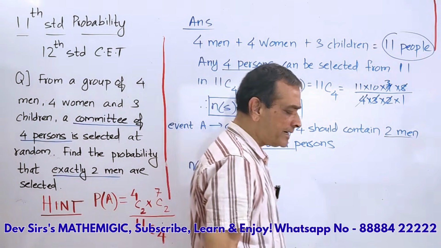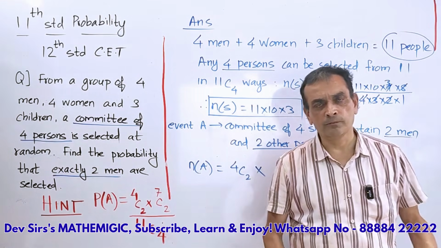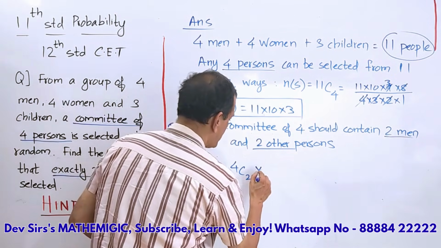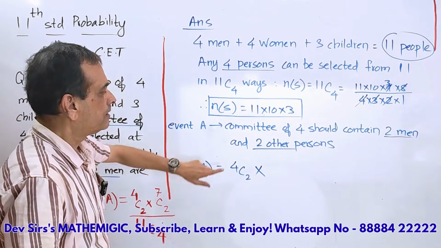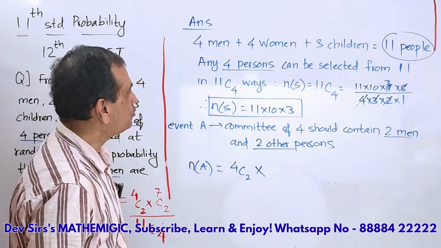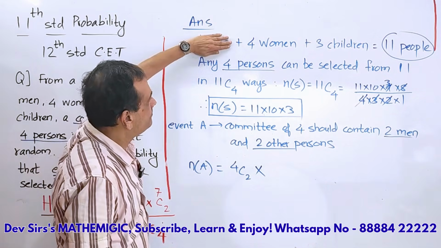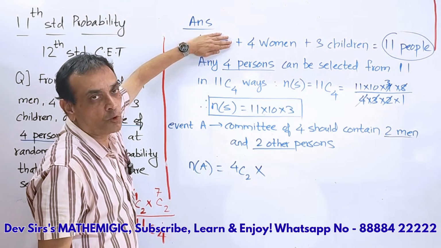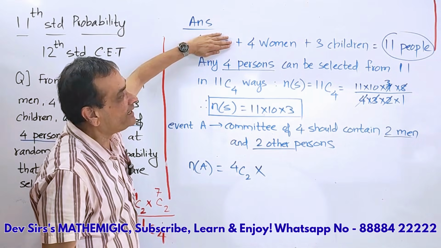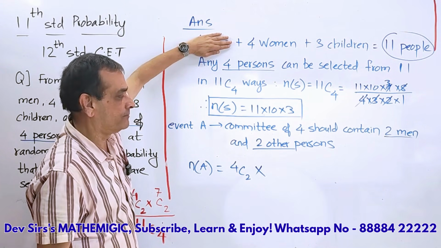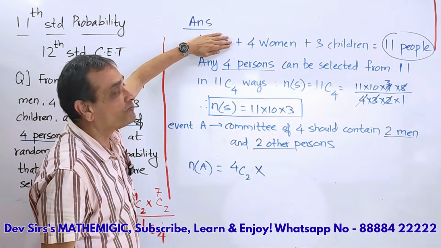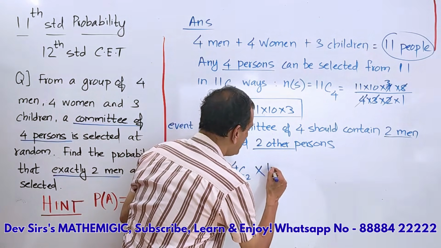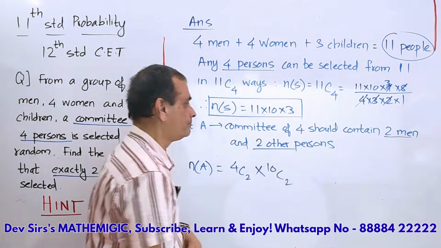Either or means plus. 2 other persons: they should not be in the category of men. They can be from the category of 4 women and 3 children. So 4 plus 3 is how much? 10.